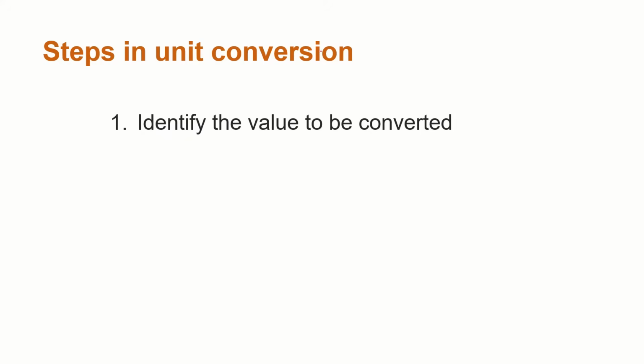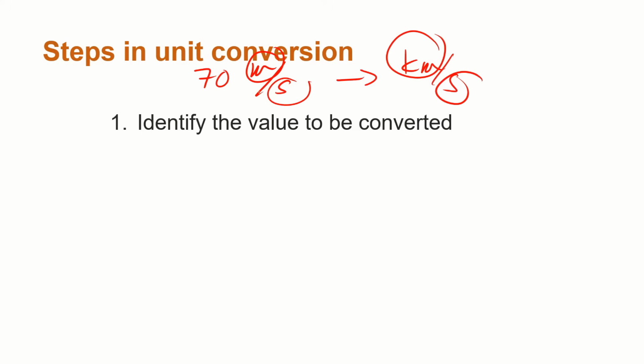Sometimes may mga problems na convert 70 meters per second to kilometers per second. So, identify alin ba yung unit dyan na kailangan mong i-convert. Since yung second, pareho naman dito, you need also to identify alin ba yung units na kailangan i-convert. So, meter to kilometer.